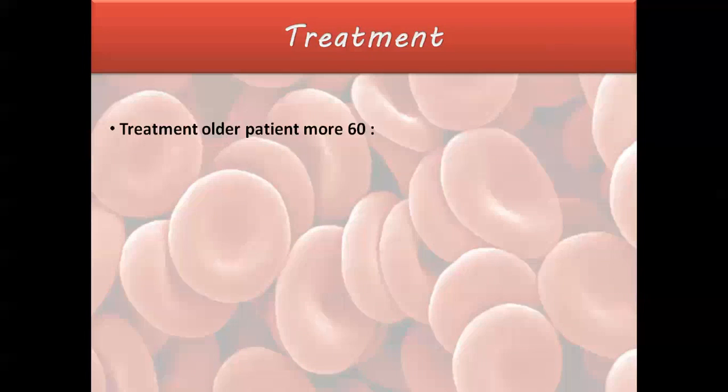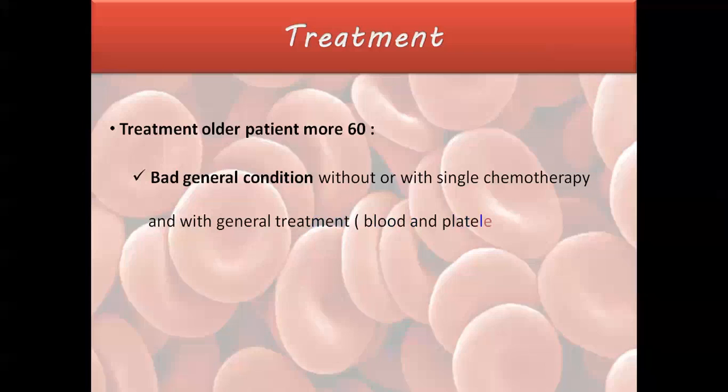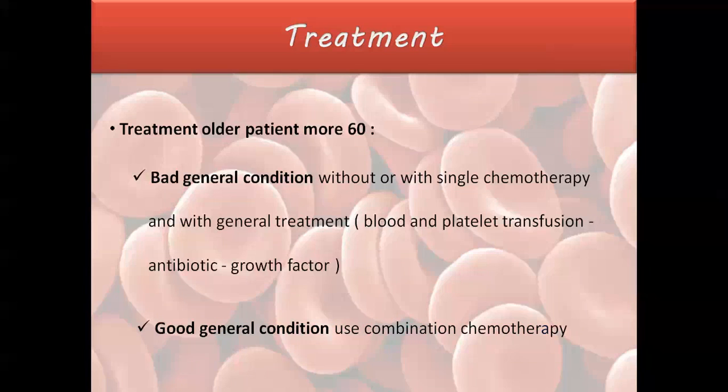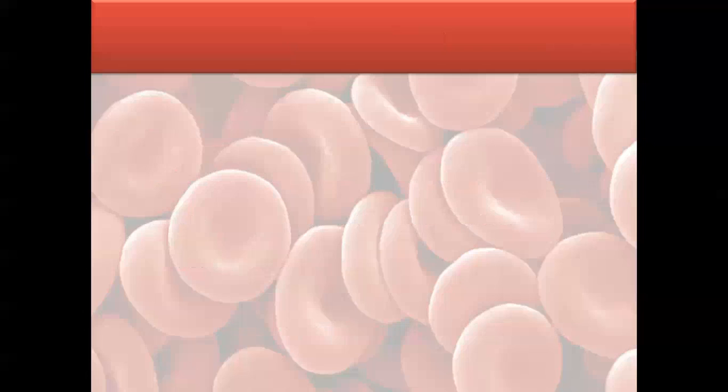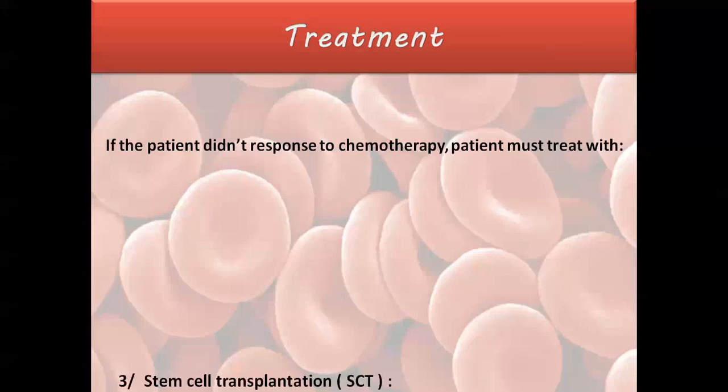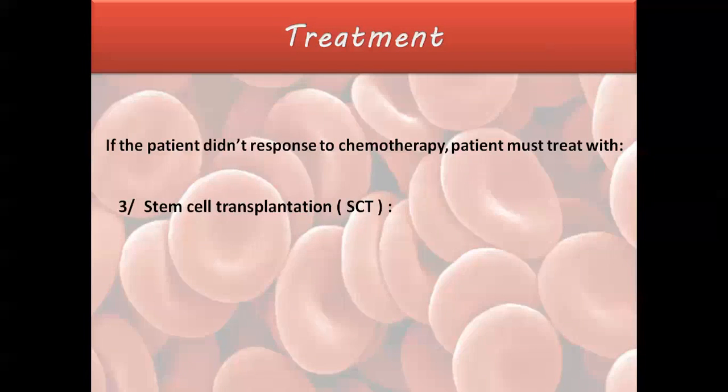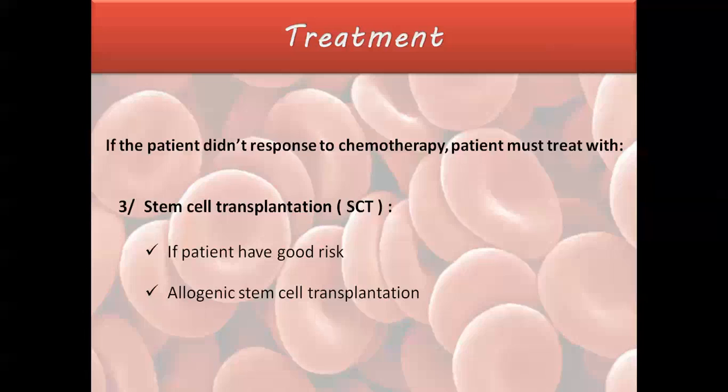In case of a patient more than 16 years old, if he has bad general condition, we give him general treatment with or without single chemotherapy. If he has good general condition, use the combination of chemotherapy. Lastly, if the patient doesn't respond to chemotherapy, the patient must be treated with stem cell transplantation, and he must have a good risk and an allogeneic donor for this transplantation.